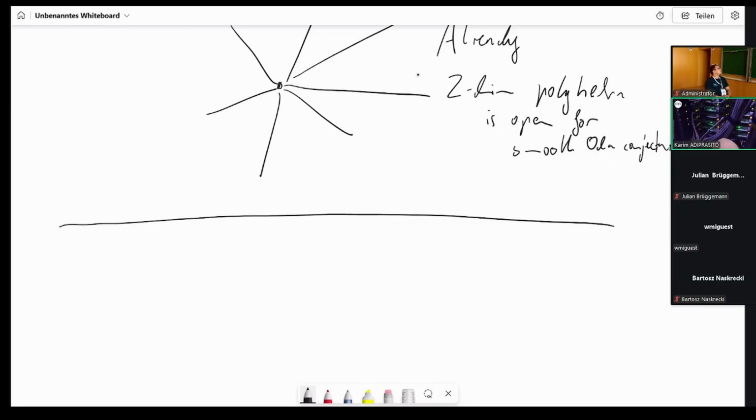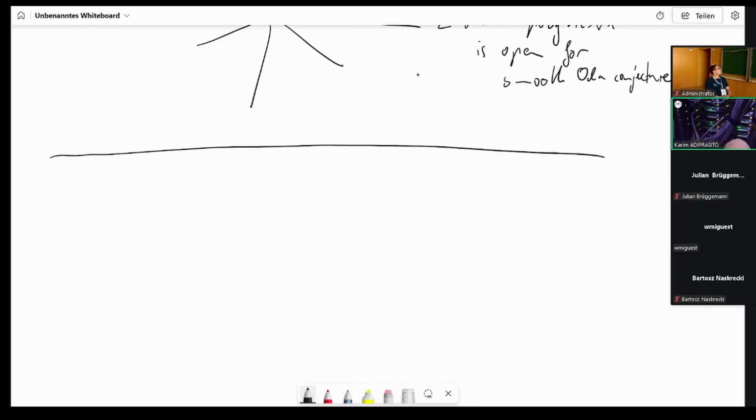What I will look at is the notion of a fin, and I will first look at a so-called striped fin. So what is a striped fin for me?